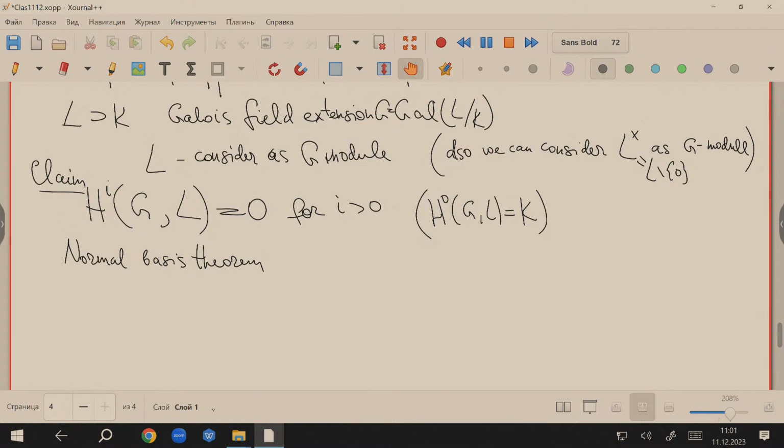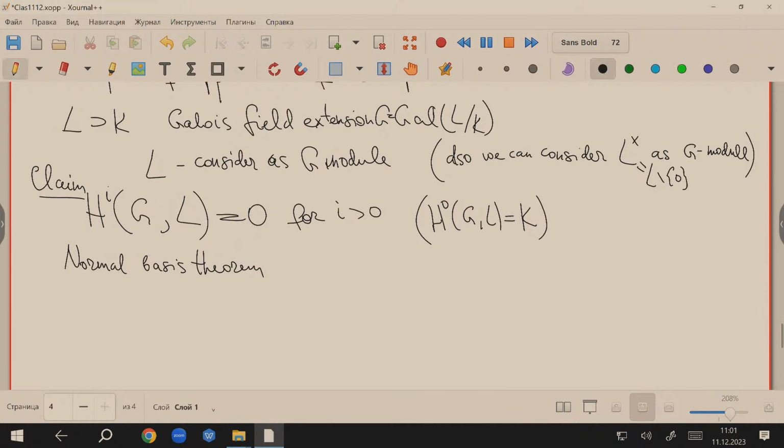The normal basis theorem tells you that if you have an element x of L, you may consider the orbit under the Galois group, sigma x, where sigma runs through all elements of the group, and take the linear span over K of these elements.